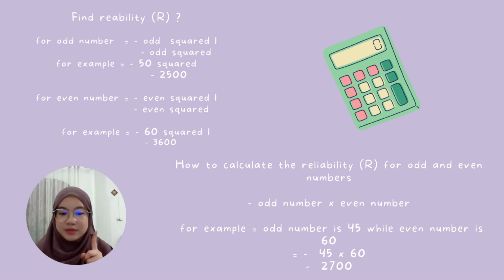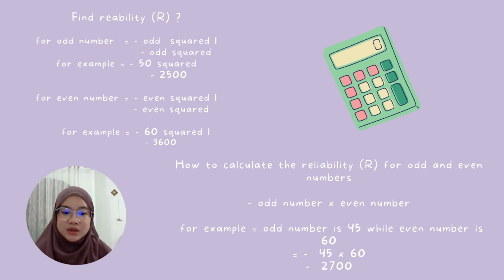The first step to calculating the reliability of an odd number is to calculate the odd number to the power of 1. For example, 50 squared equals 2500. Second, to calculate an even number is to use an even number to the power of 1.